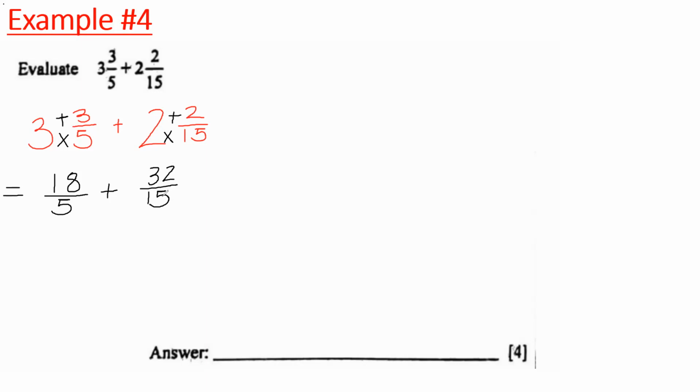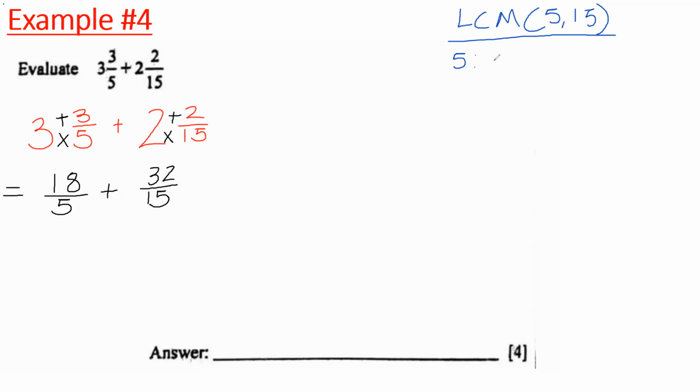Now what are we going to do at this point? Now we find the LCM. The LCM is the lowest common multiple. We find the LCM of 5 and 15. First, we list the multiples of 5.